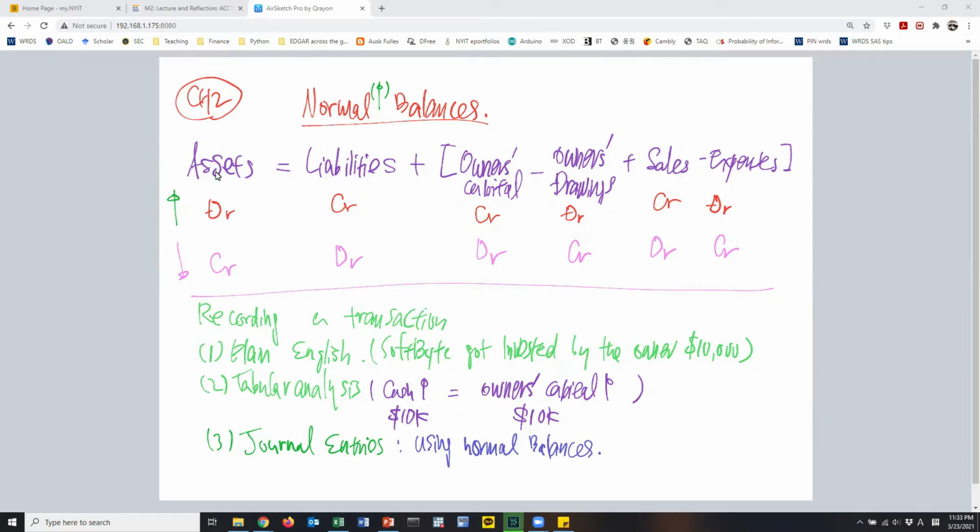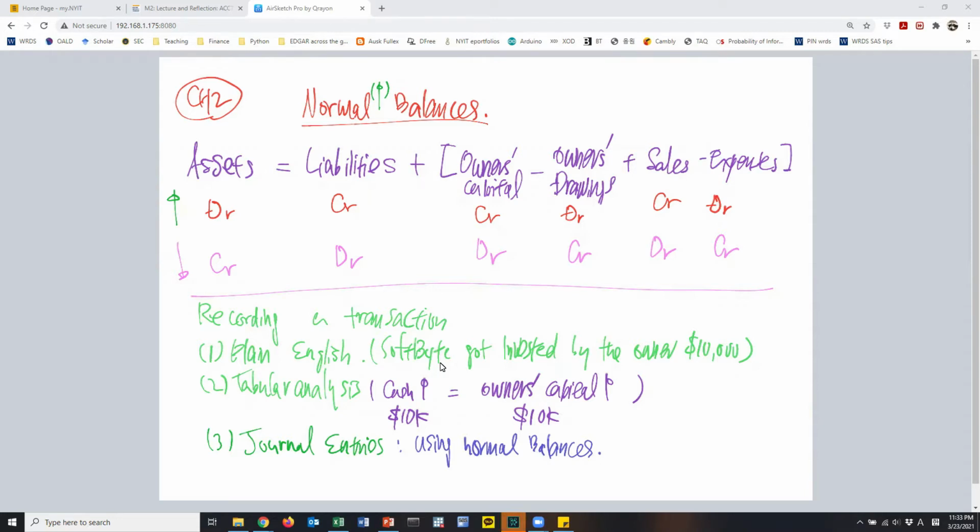Meaning when an asset item is increasing, it should be debited. For example, in the previous case, SoftBite got invested by the owner 10,000. First of all, we saw that it is recorded in plain English.